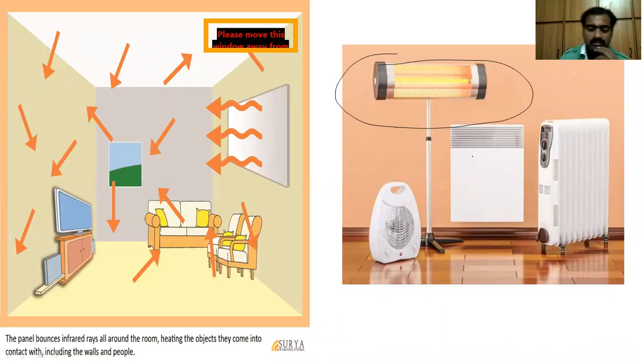So there is another topic we have to consider here. These are the three methods we are going to use under resistance heating: that is nothing but direct resistance heating, indirect resistance heating, and radiant heating. There is one topic that we have to consider very importantly, that is the temperature control.